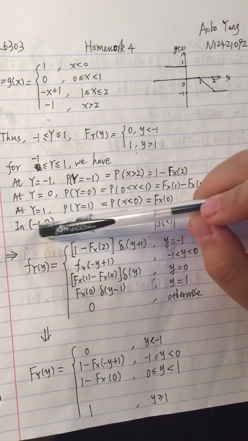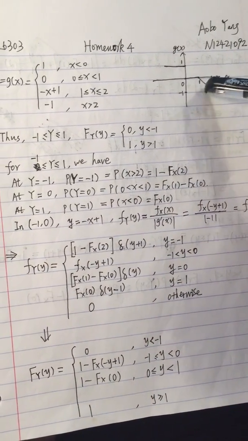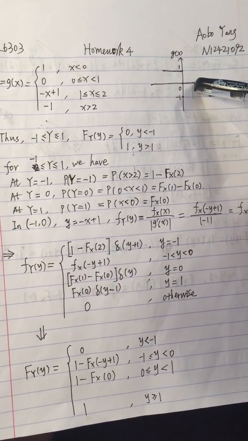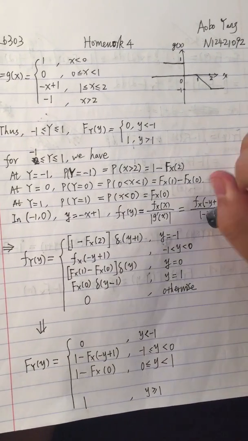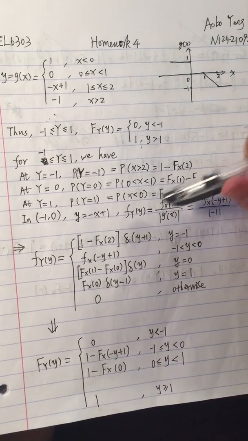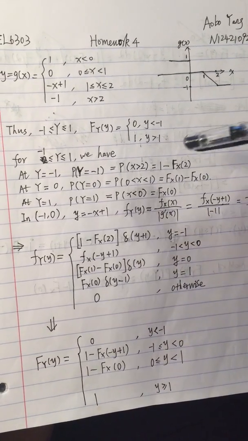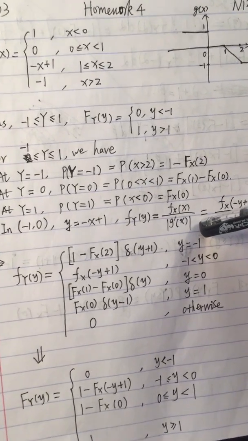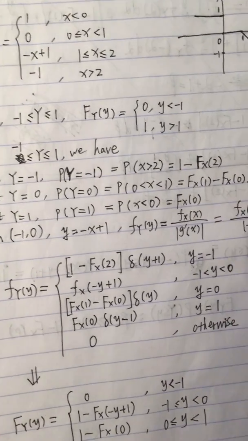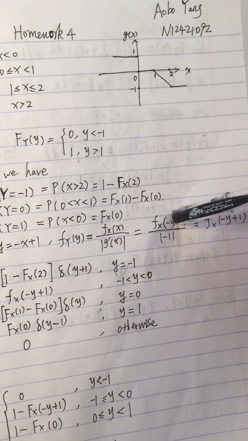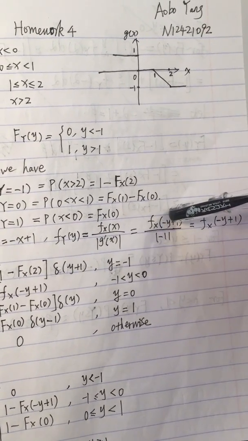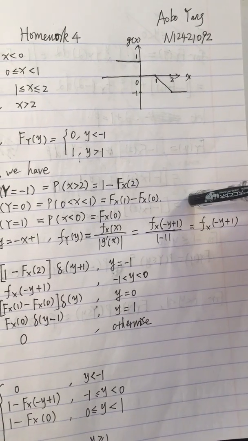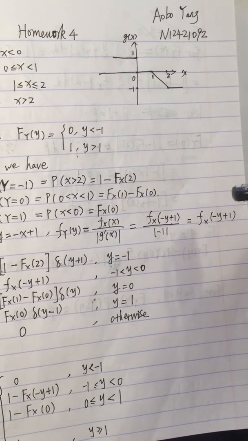And in minus 1 to 0, we can get that Y is equal to minus X plus 1, and f_Y(y) is equal to f_X(x) divided by the absolute value of g'(x). So we can get f_X(minus y plus 1) divided by minus 1, and we get f_X(minus y plus 1).